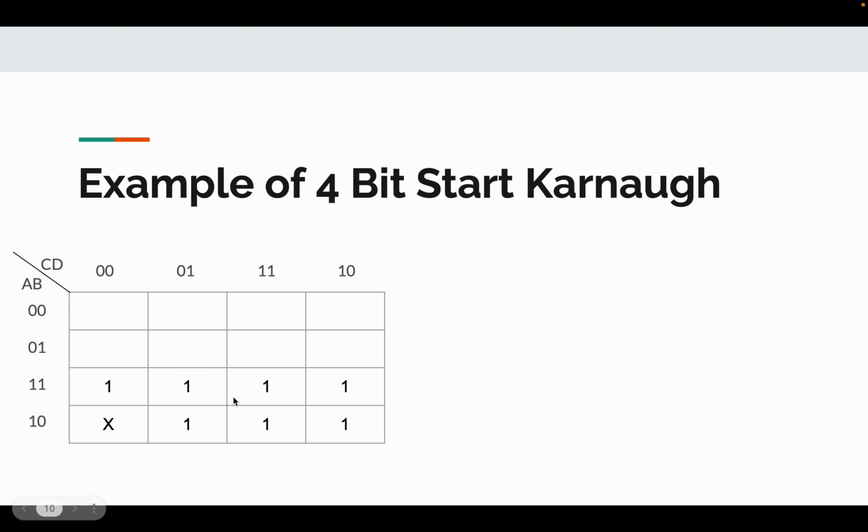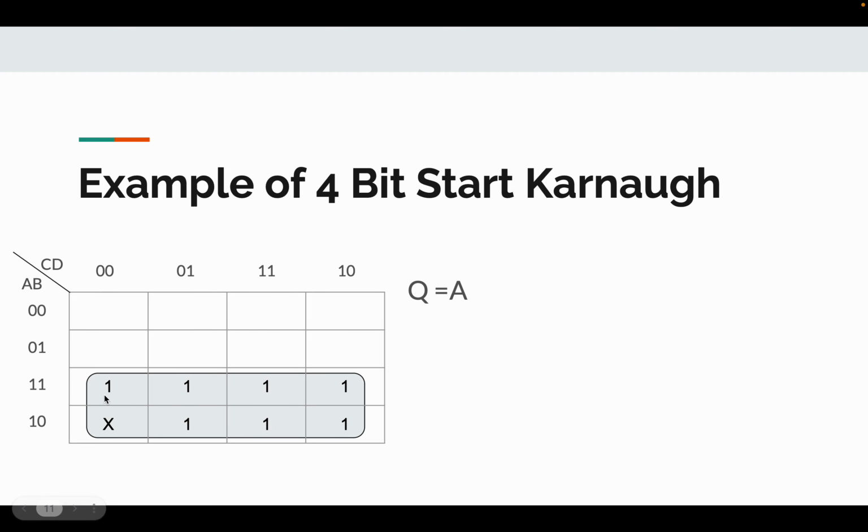So for 1 0 0 1, it's going to be 1. 1 0 1 1, it's going to be 1. 1 0 1 0 is going to be 1. But since we do have this x, we can still count it as part of a grouping since it could be represented as 1.